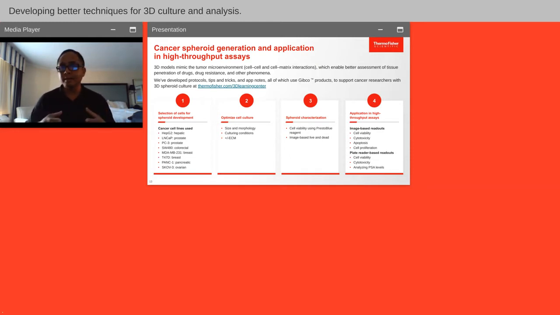Utilizing 3D models for cancer research, I think, is ideal because you get the proper morphology to mimic the tumor microenvironment and help you understand more so how drugs can penetrate or possibly start developing resistance in an in vitro system. So the team worked on optimizing the protocols for developing spheroids, looked at ways of optimizing the cell culture times and conditions, did some characterization, as well as applied them to different high throughput assays. So it's just a lot of great work from our Bangalore team.